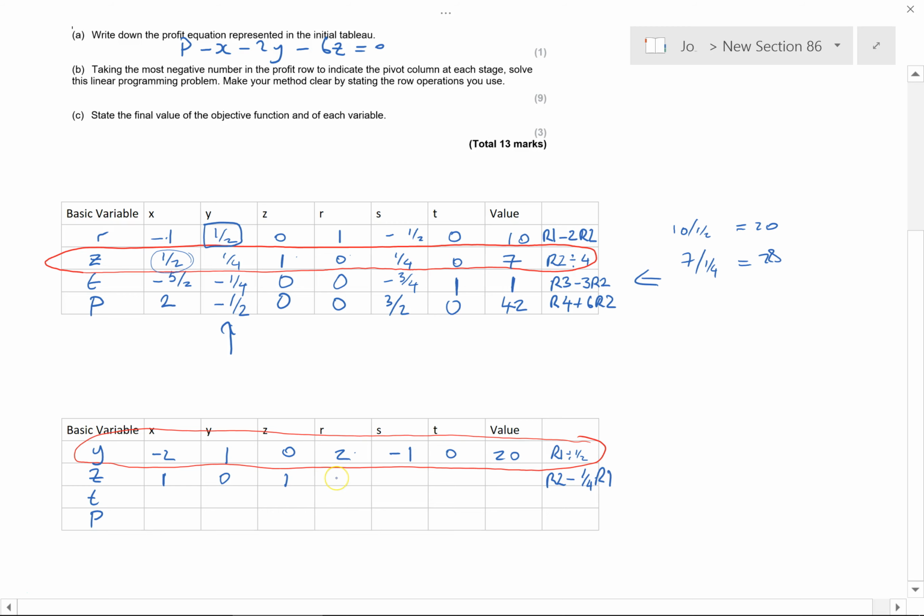So that makes that number equal to minus a half. A quarter times 2 is a half, and we're taking that away. This number would be equal to a half because we've got a quarter, take away negative a quarter, which is plus a quarter, so that makes it equal to a half.